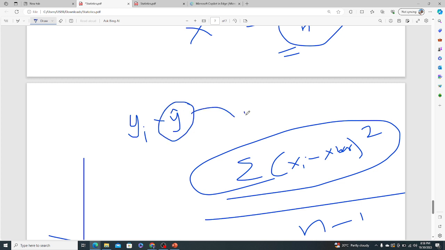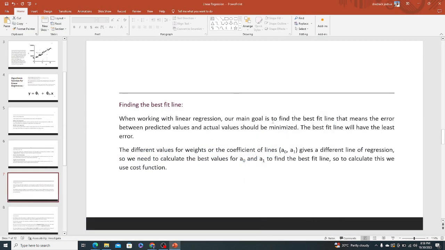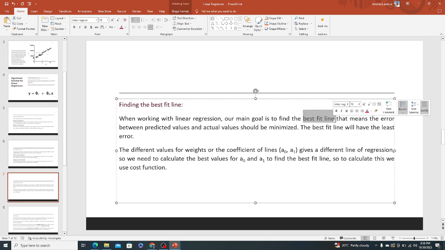And y-hat can be equal to a x plus c. So basically the error term will be y_i minus (a x plus c). This is the predicted value. So for us to have the best line of fit, we should have a very small value of error.